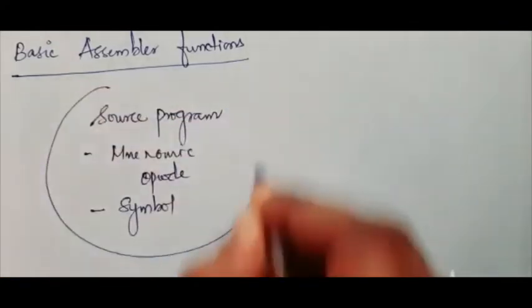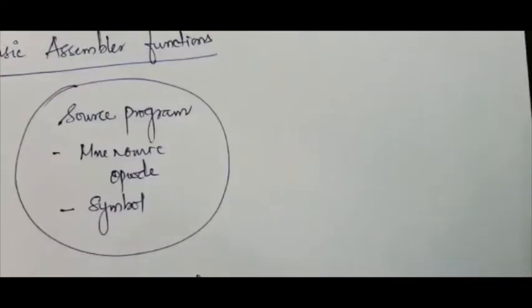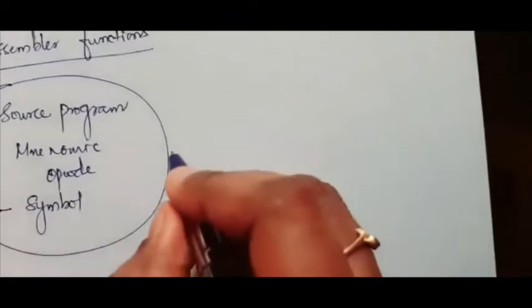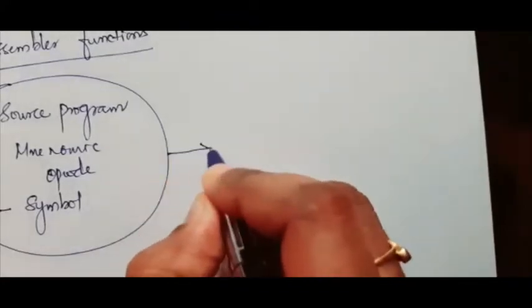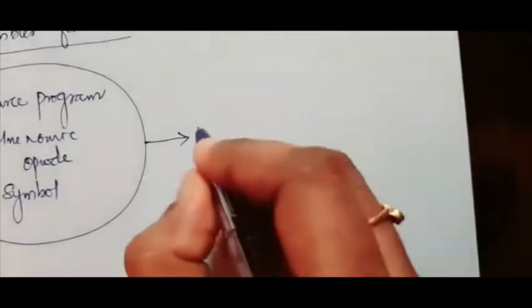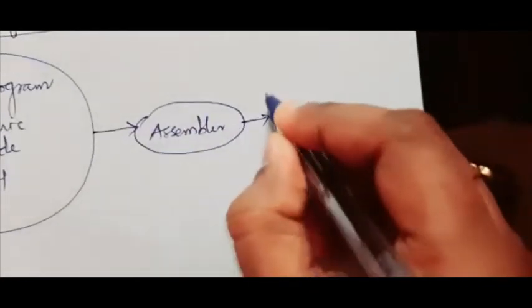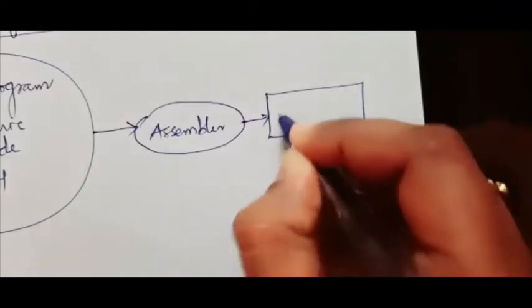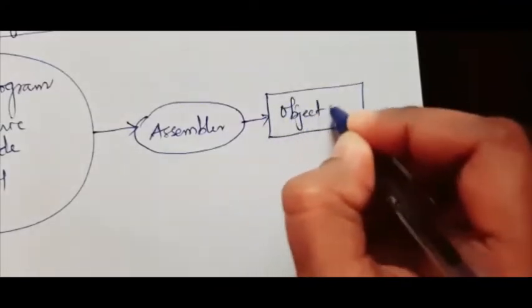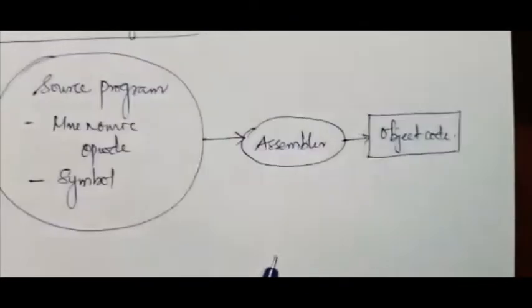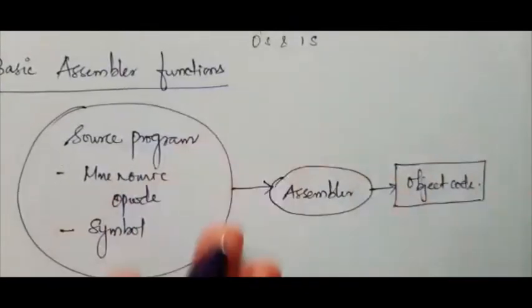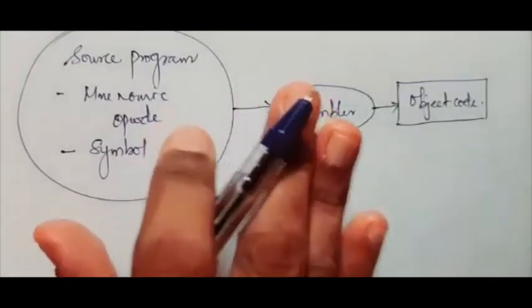Okay, so this is one source program. This source program will be converted into a machine language equivalent through an assembler. So through an assembler we are converting. Okay, so we need to generate an object code as well. So these are the exact functions of an assembler.